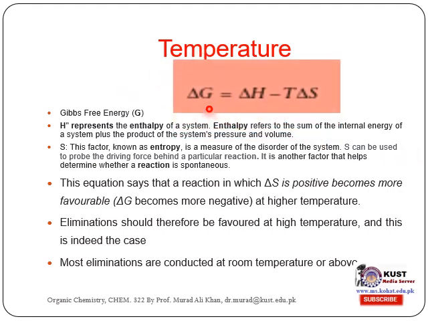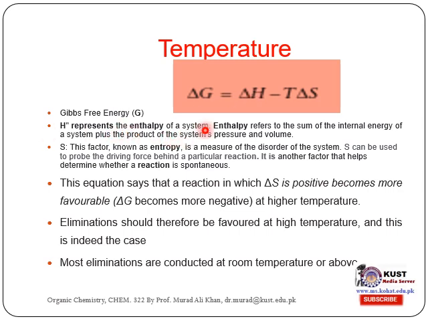Delta G, or change in Gibbs free energy, is equal to the change in the enthalpy minus the temperature times the change in the entropy. G is the Gibbs free energy, or delta G is the change in the Gibbs free energy. Delta H is the enthalpy.